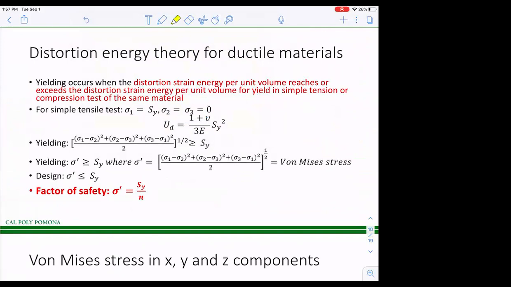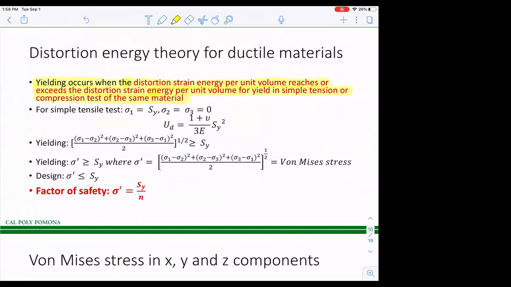The theory says that yielding occurs when distortion strain energy per unit volume reaches or exceeds the distortion energy per unit volume for yield in a simple tension test or compression test of the same material.